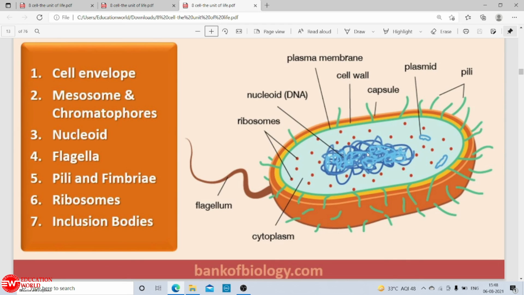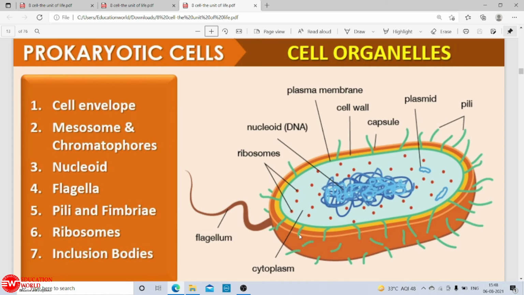The prokaryotic cell has only a single envelope type of organization. That is, they have only a single envelope in the form of the cell wall or cell membrane around the cell, but the membrane is absent around the nucleus, and the membrane-bound organelles are absent.